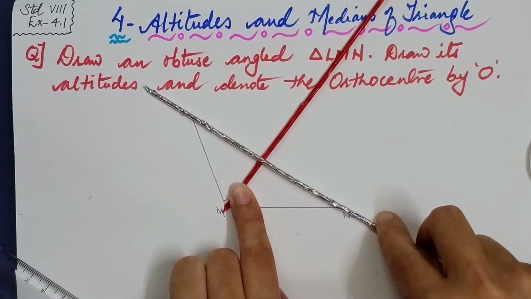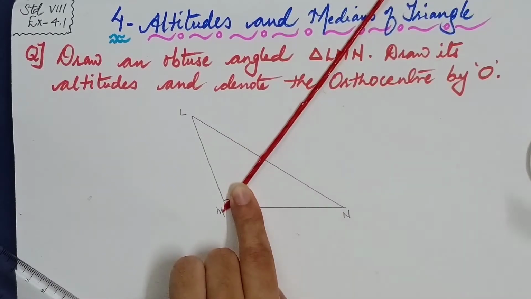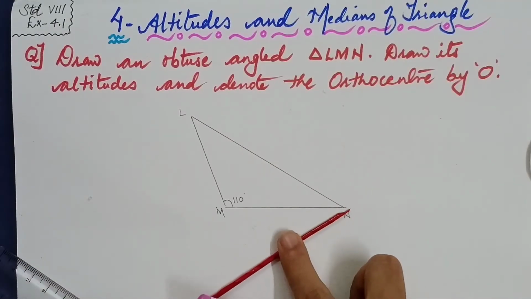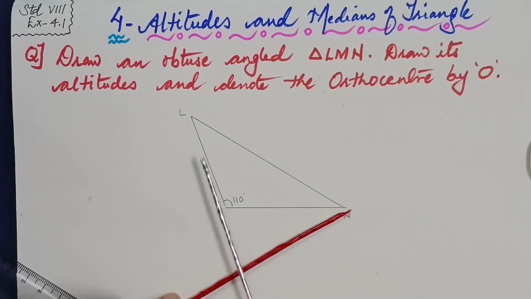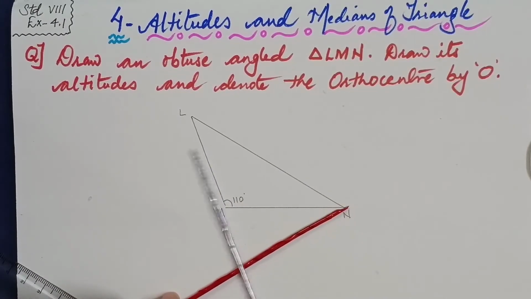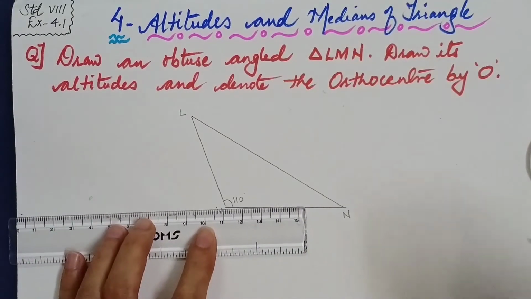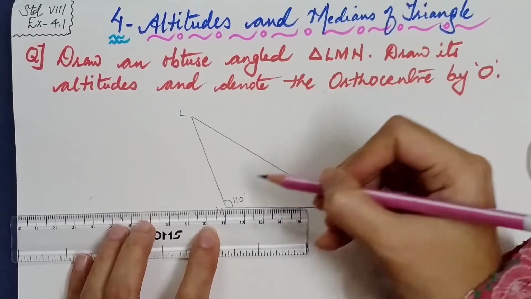Altitude always forms 90 degrees with the base. And from the point N, we will have to extend the base so as to get 90 degrees like this. So this is just the demonstration. Let us practically do it using the set square. Let us first extend the base MN.